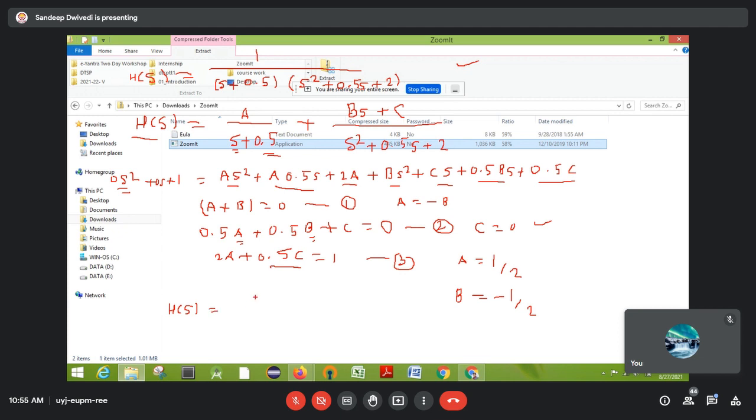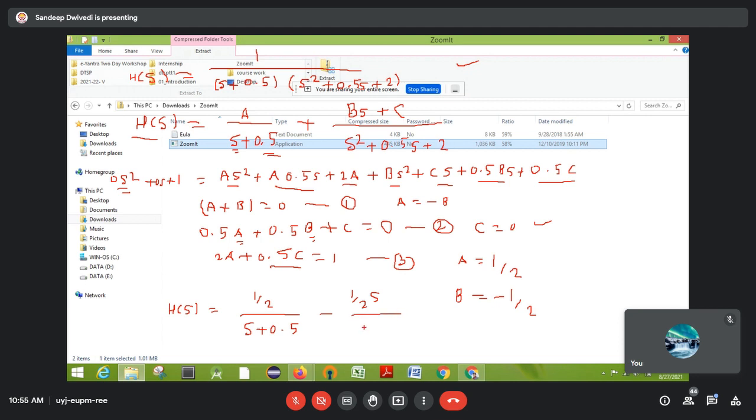So your h of s will be, a is what? 1 by 2, so this will be 1 by 2 s square plus 0.5 s. And your b will be minus 1 by 2, and c is 0, so I am taking this as minus 1 by 2. s will be as it is, 1 by 2 s. c is 0.